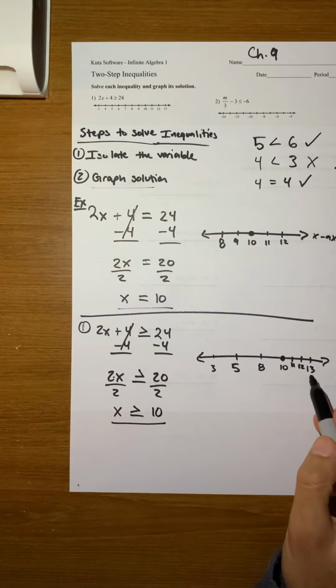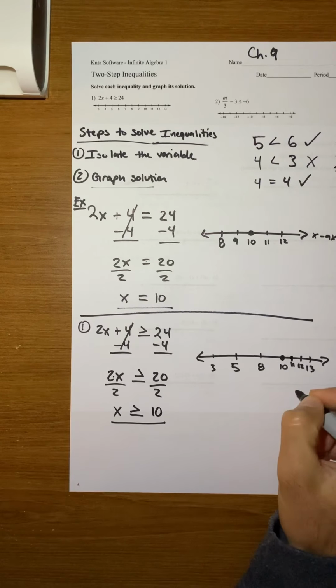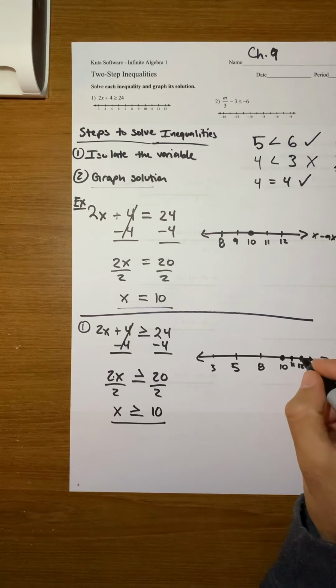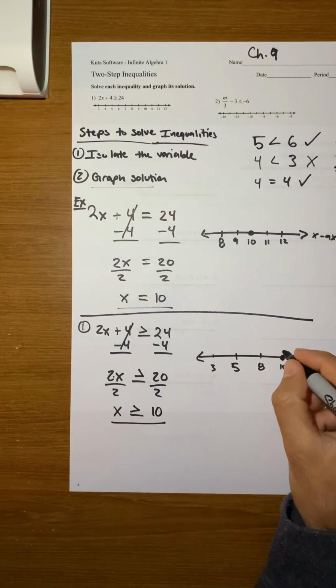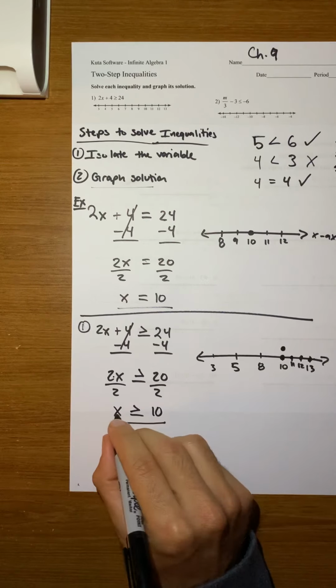So over here on our number line, is 11 greater than 10? Yep. Is 12 greater than 10? Yep. Is 13? So on and so forth. We would have a bunch of points going out forever to the right. So I'm going to make this dot above so you can see. So this dot represents that dot at 10 because 10 is equal to 10.